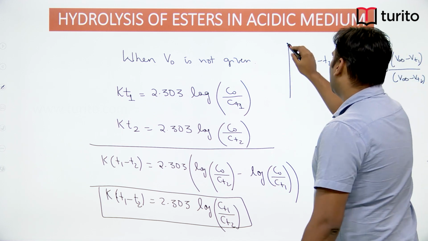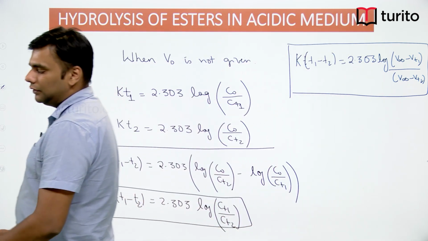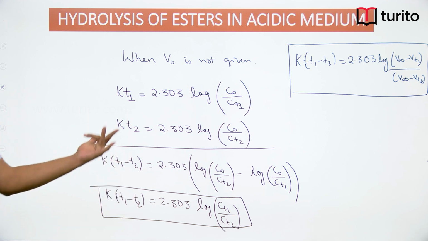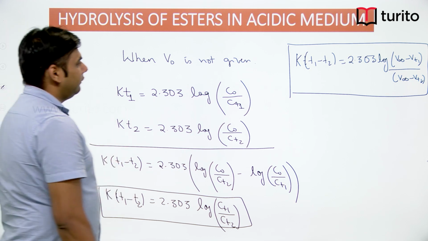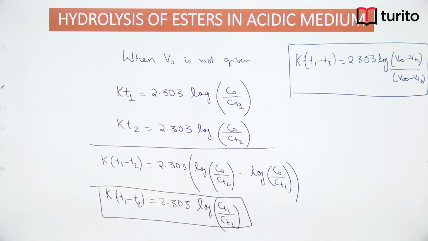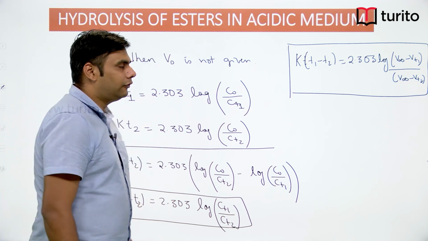Okay, so we do not know the value of V naught; only through V T1 and V T2, the volume of base at time T1 and time T2, and the volume of base at time t equals infinity, we can calculate the value of the rate constant. Okay. So write it quickly. Okay, so this is how the hydrolysis of ester in acidic medium is estimated by the titration of a base.